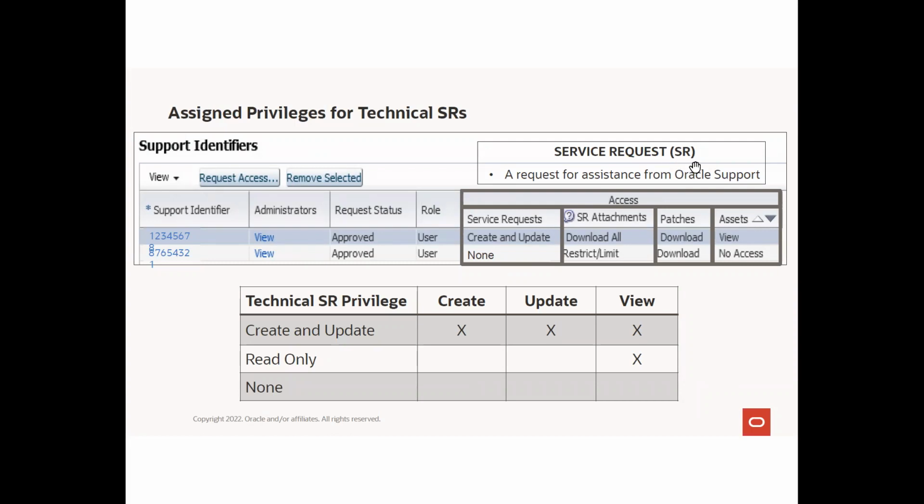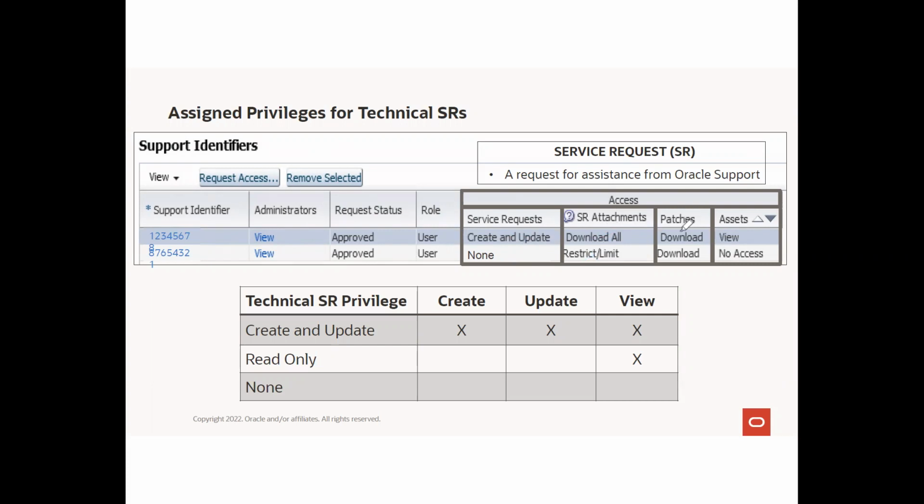Okay, so this is the access tab or the access sub-tab where you can see the level of access you have on the support identifier. For instance, this particular user, under service request, can create and update service requests on the first support identifier, but on the second one, he can't. And for SR attachments, he can download all SR attachments, but on the second one, he's restricted or limited in downloading SR attachments.